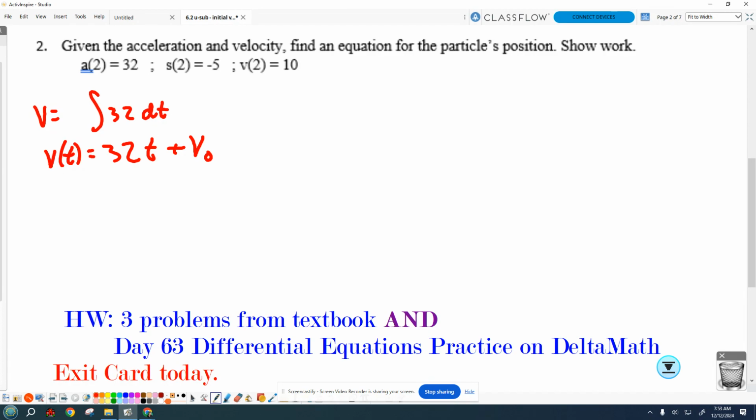I'll write it the physics way, v sub 0 instead of plus c, so initial velocity. I didn't give you initial velocity, but I did tell you at 2 seconds velocity is 10, so.